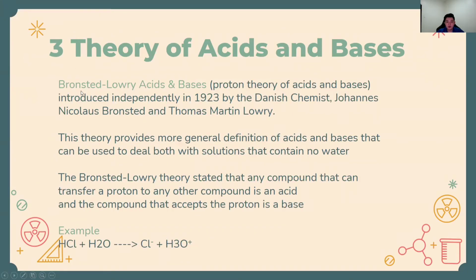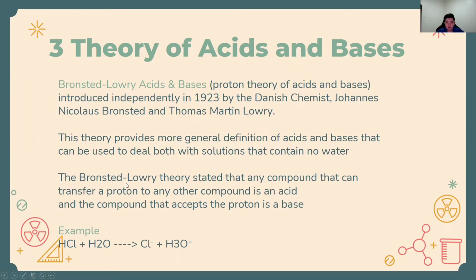Second theory, we have Bronsted-Lowry acid and bases, aka proton theory of acid and bases, introduced independently in 1923 by the Danish chemists Johannes Nicolaus Bronsted and Thomas Martin Lowry. This theory provides a more general definition of acid and bases that can be used to deal with solutions that contain no water.